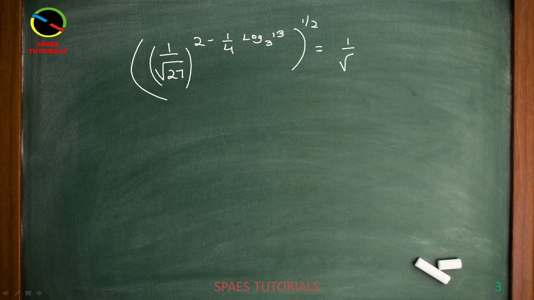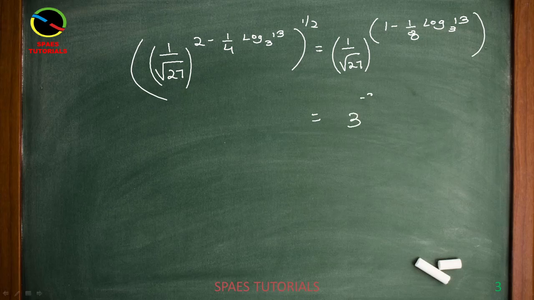Then it becomes 1 by root 27 power 1 minus 1 by 8 into log 13 base 3. First, 1 by root 27 we can write as 3 power 3 by 2 in the denominator, so taking it to the numerator it becomes 3 power minus 3 by 2. Power 1 can be written as log 3 base 3, minus 1 by 8 log 13 base 3.